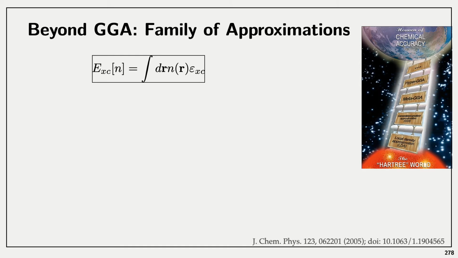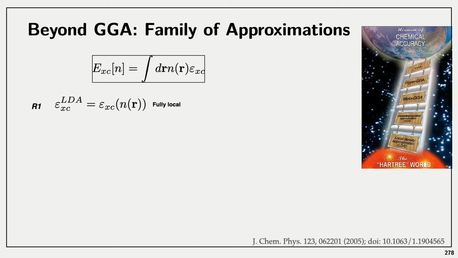The first rung of that Jacob's ladder for exchange correlation functionals was the local density approximation. During this screencast, we are going to climb one rung, to the generalized gradient approximation. But let me give you an overview of what the different rungs are about.